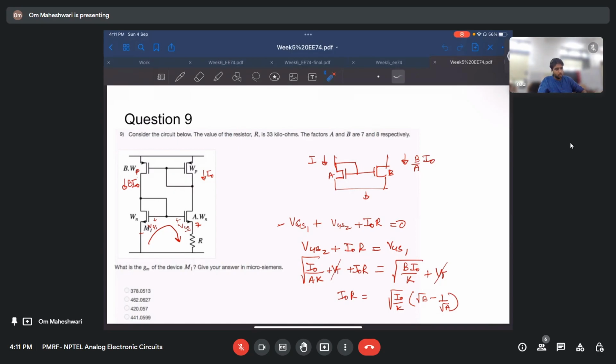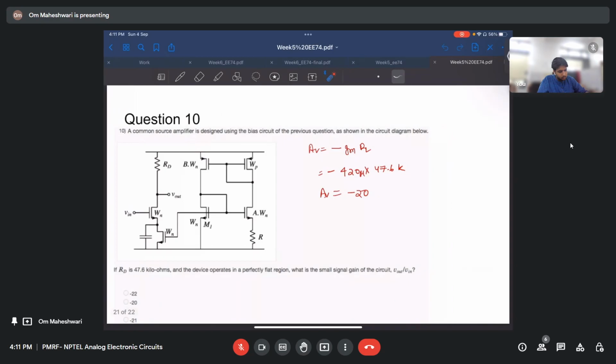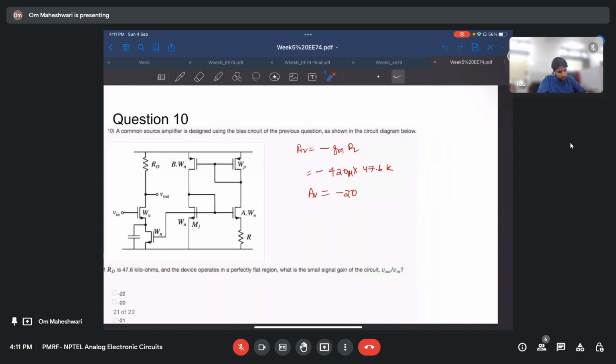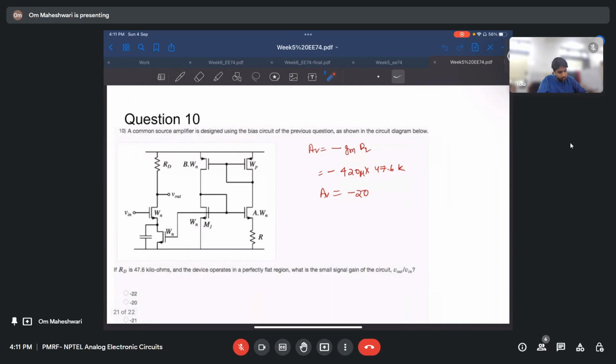Next question, small signal gain. How is it, sir? For the small signal gain I just found out GM RL, and for this node RL is this in parallel with this, but I have taken it as RD only.